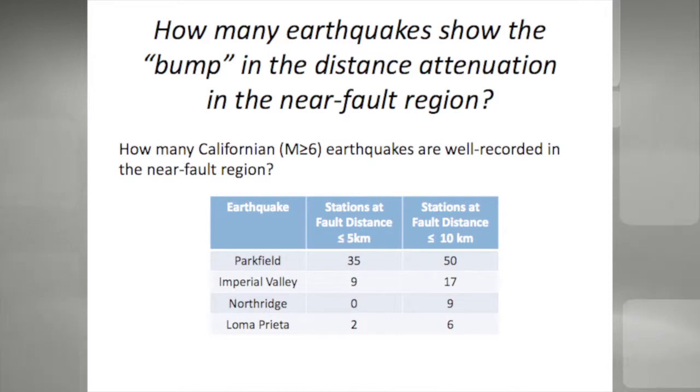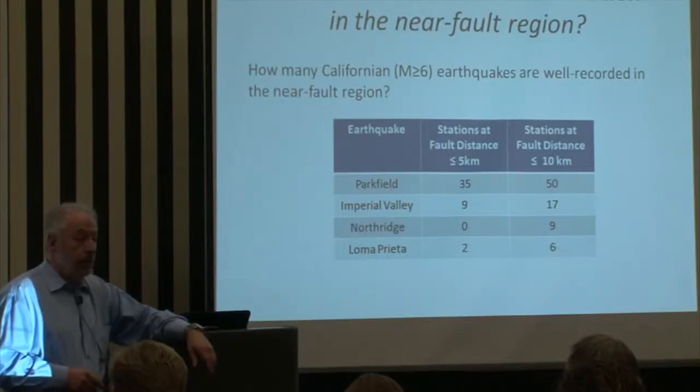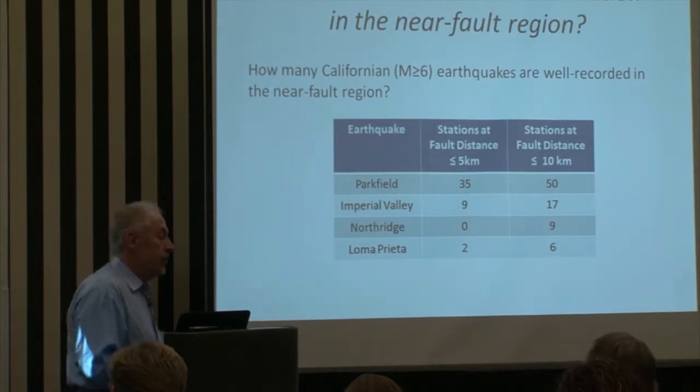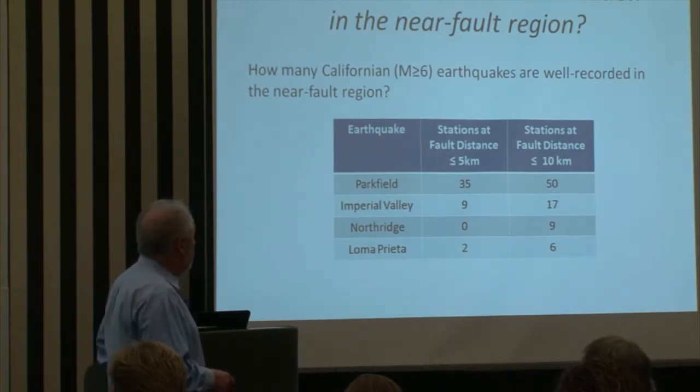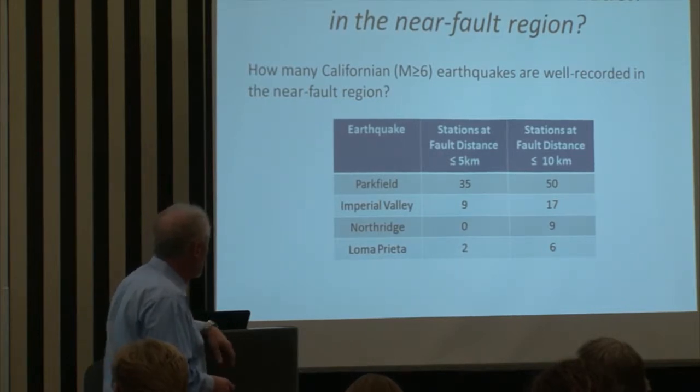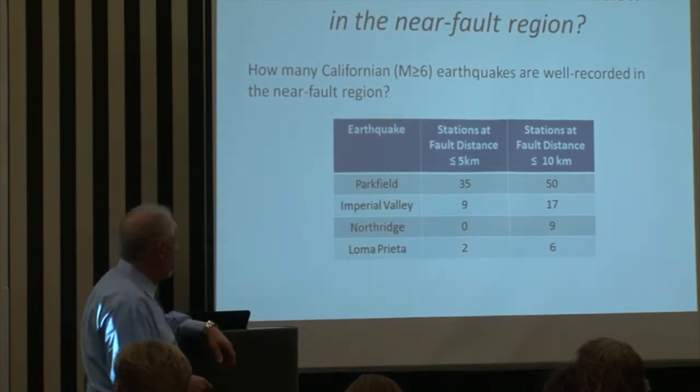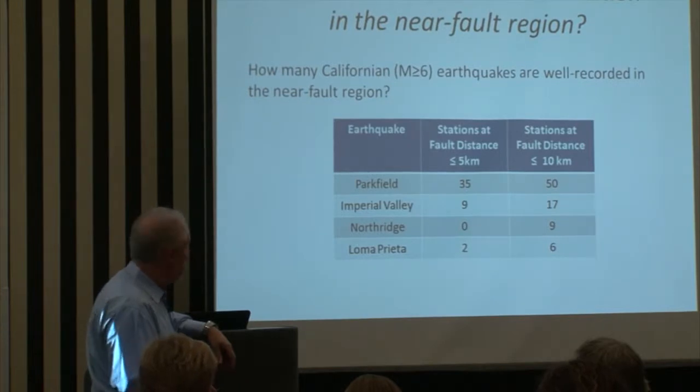As far as I know, there are 4 well-recorded near-field earthquakes in California: Parkfield, Imperial Valley, Northridge, and Loma Prieta. Now, if you really look at how well they are recorded, I would say that only 2 of them, Parkfield and Imperial Valley, are really well recorded in the near field.